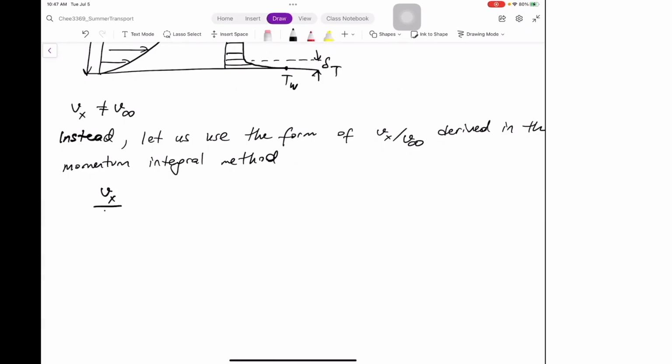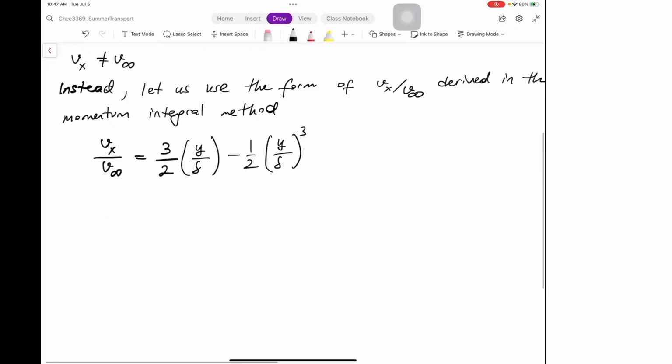So Vx over V infinity, from our earlier analysis, from the momentum integral method analysis, is 3 over 2 y over delta minus 1/2 y over delta cubed, correct?